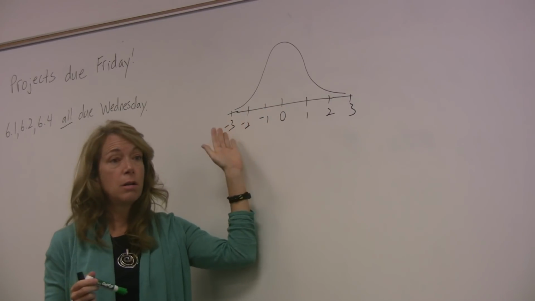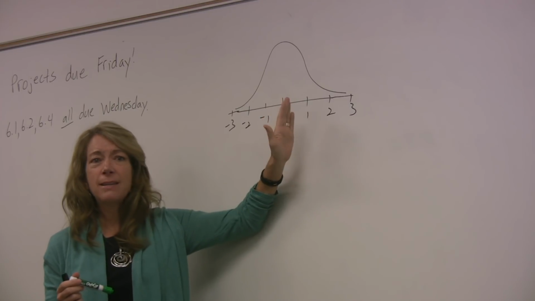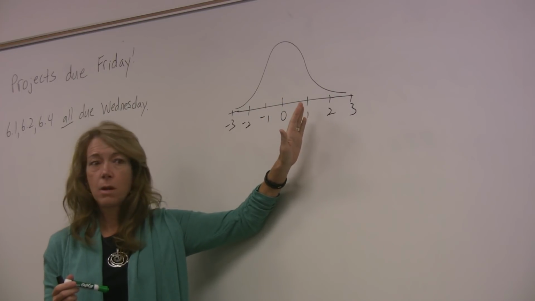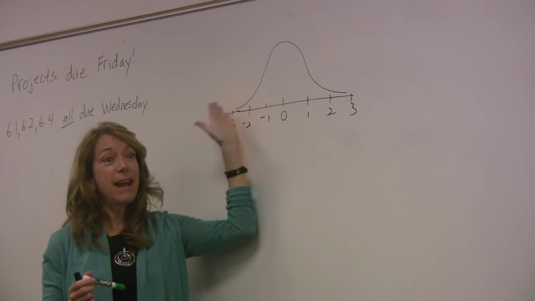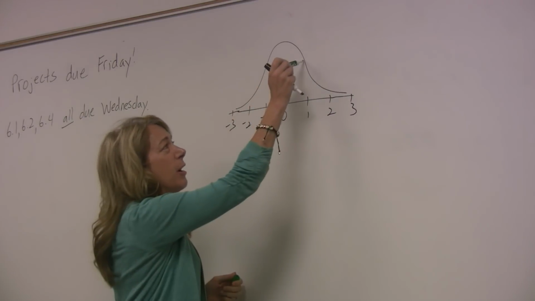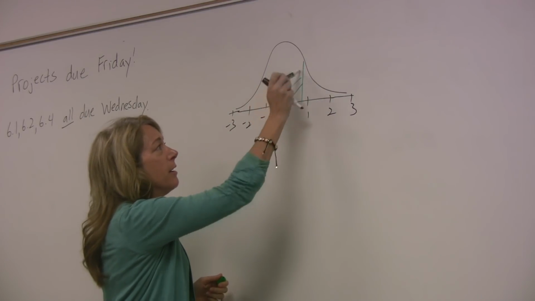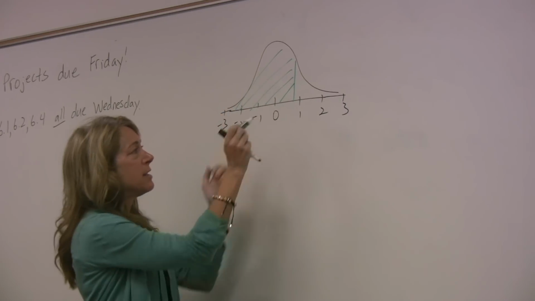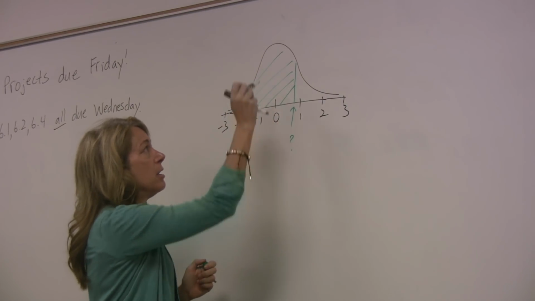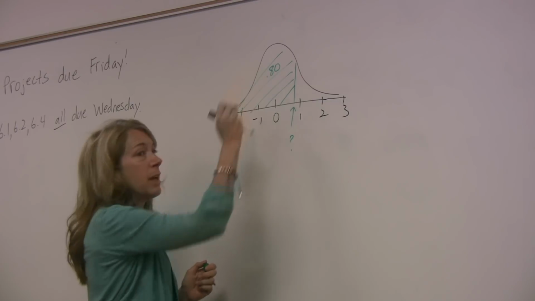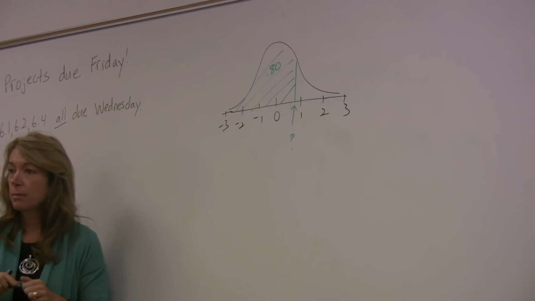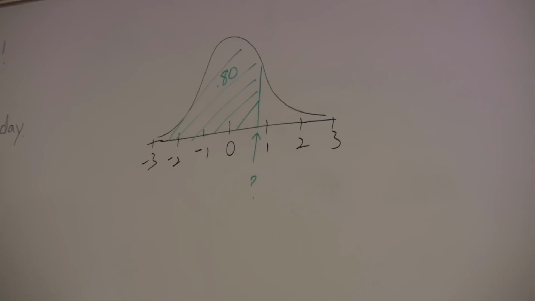We guessed around 1, but why did we guess here? Because we want to shade about 80% of the area. I think if I remember, our answer was more like here. But we wanted to shade some number, question mark, so that this area is 80% or 0.80. That's what we were looking for.